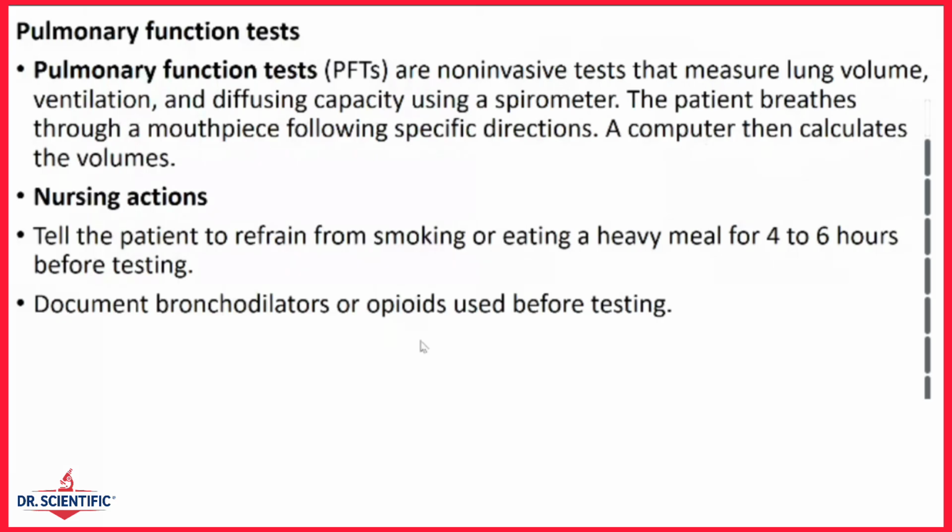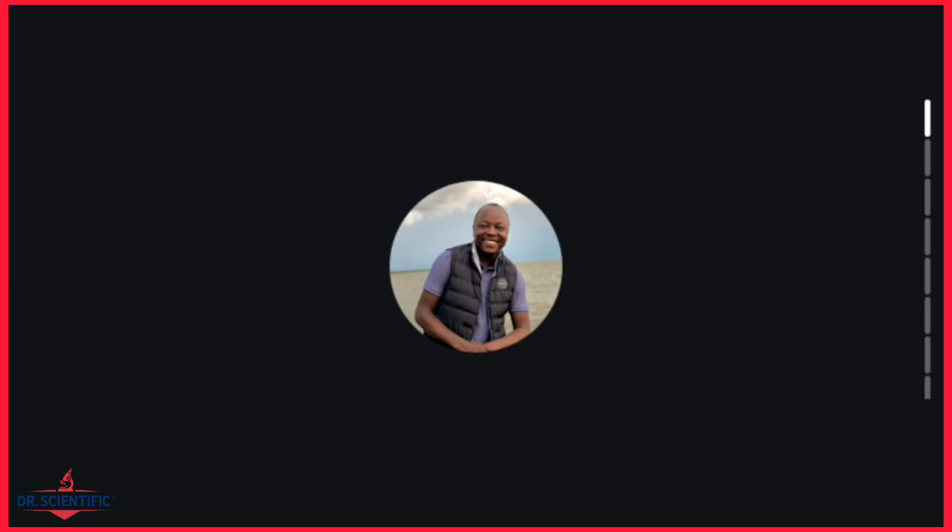Basically, spirometry is used to measure the lung volumes and capacities, specifically the volume of air, and also the speed or flow of air that can be inhaled and exhaled. It's very commonly used to assess lung function and monitor respiratory diseases like asthma, COPD, and such like.